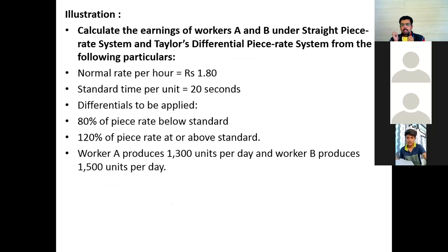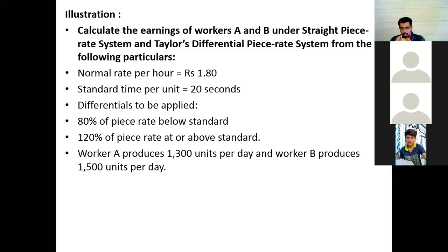Here is one example as per what I mentioned in that method. Calculate the earnings of workers A and B under the straight piece rate system and Taylor's differential piece rate system from the following particulars. Normal rate per hour is rupees 1.80. Standard time per unit is 20 seconds.